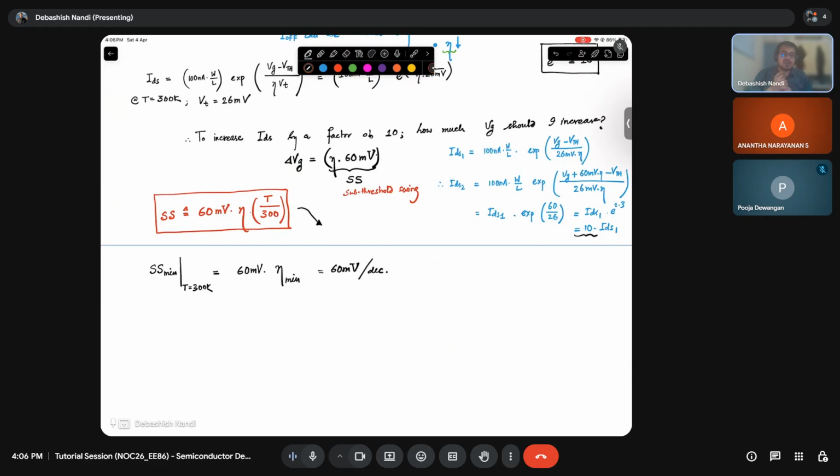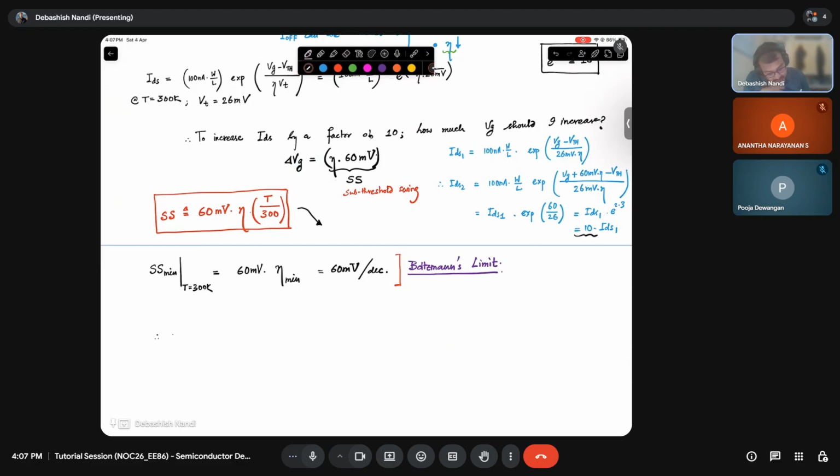This we have discussed in one of the earlier sessions. So the minimum subthreshold swing that one can achieve at room temperature is 60 millivolt per decade. This condition is called Boltzmann's limit.